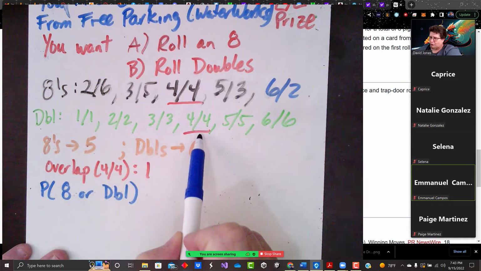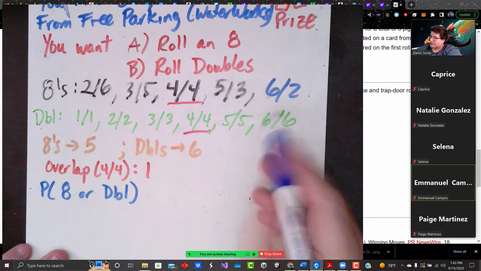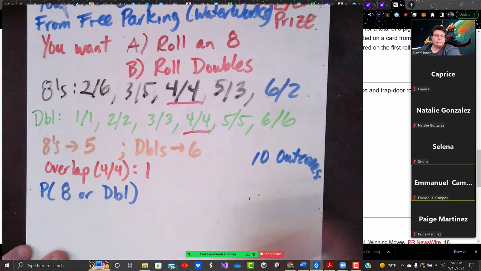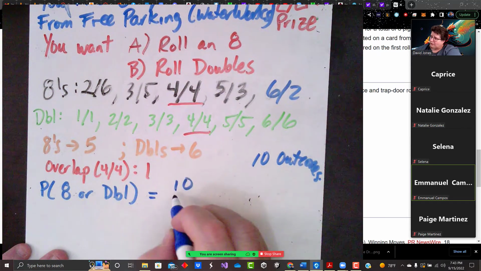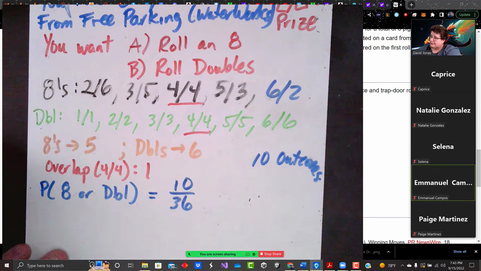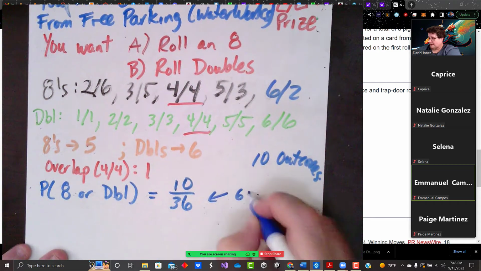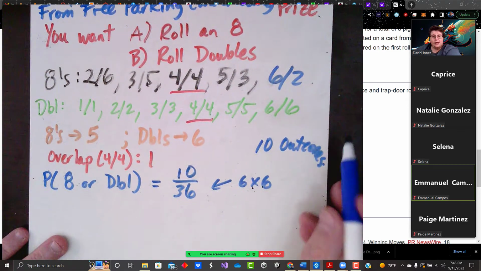I'm not going to count the 4 and 4 because I already counted it up here. 8, 9, 10. So 10 outcomes. There are 36 ways to roll 2 dice, and it comes from 6 times 6. There's 6 outcomes on each die. We get 36.